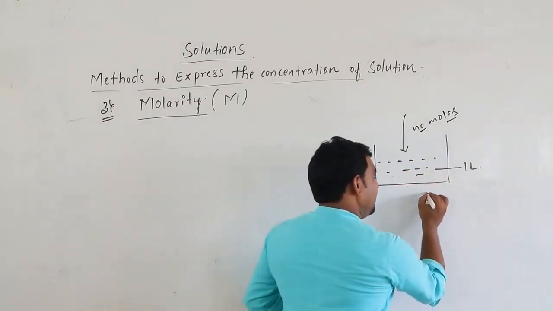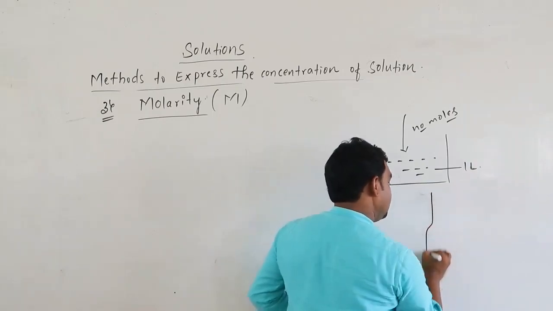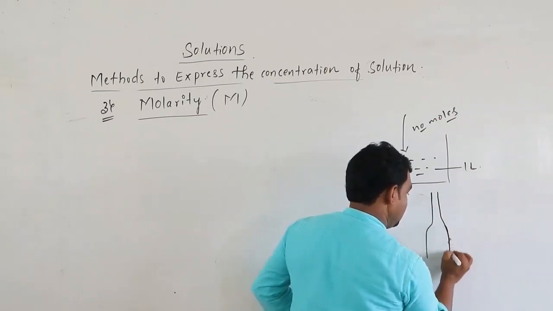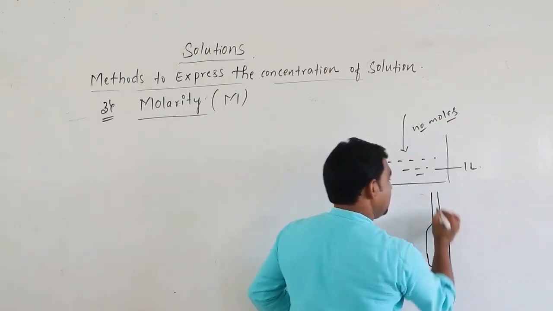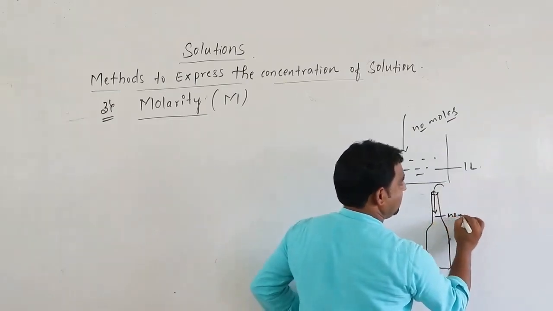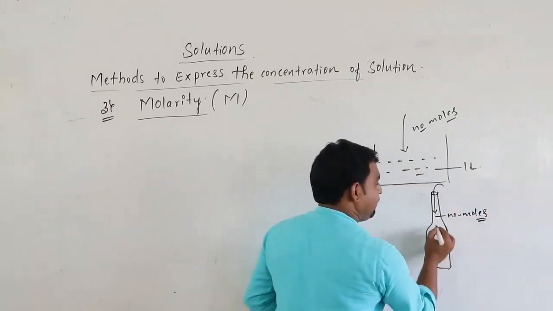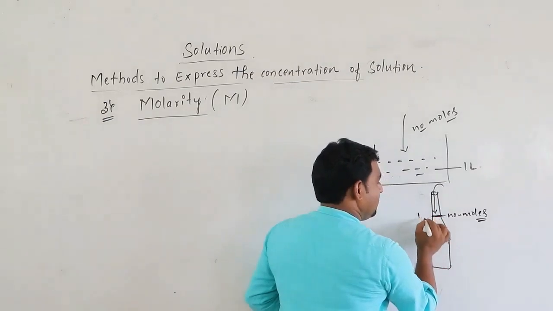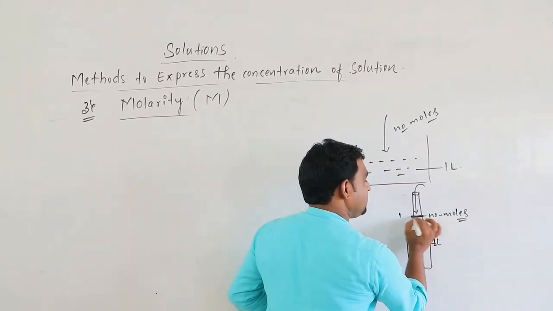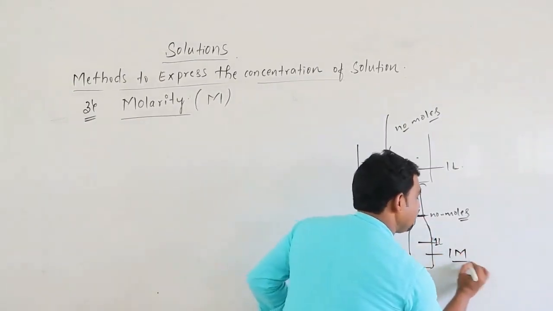So if you make a 1 molarity solution, you have to add the solute in terms of number of moles and make up to 1 liter with water. This is called a 1 molarity solution.